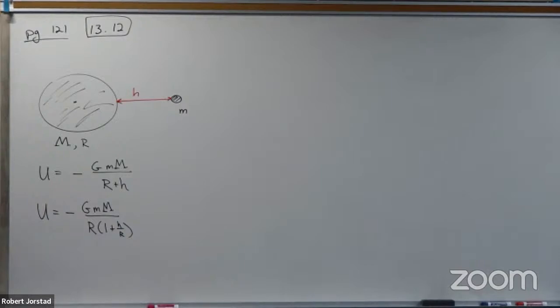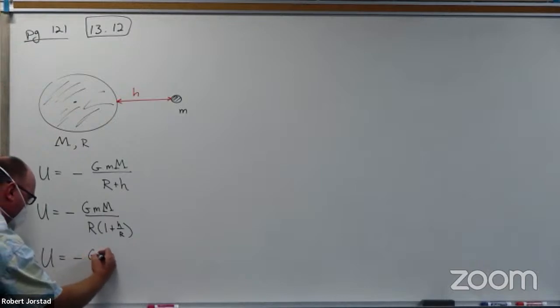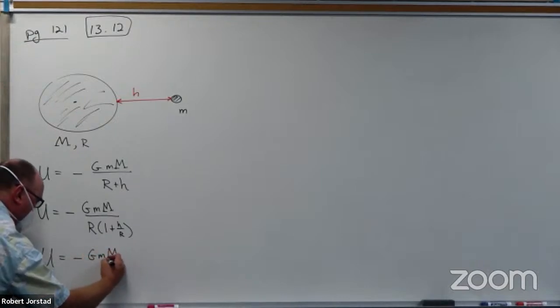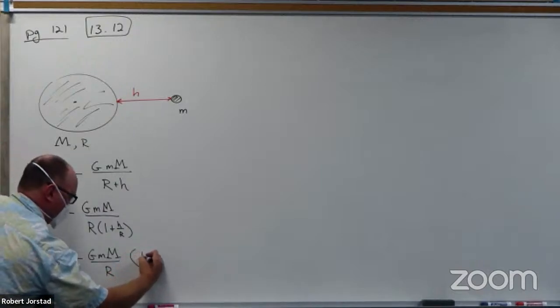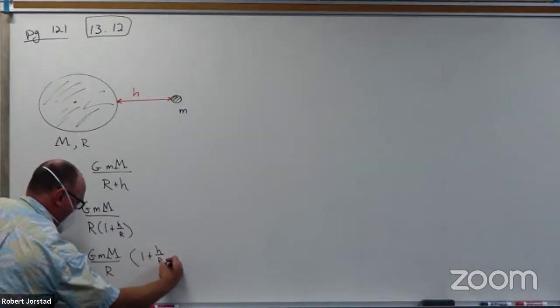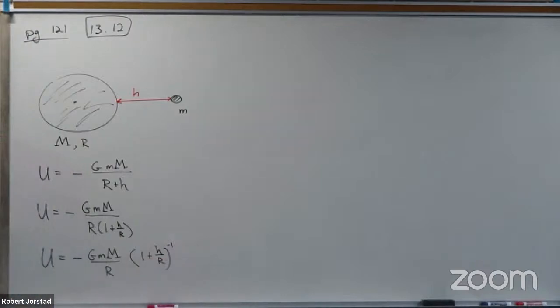Now, at the end of this, I think you'll be like, oh, okay, that was slightly interesting. Just trust me. Now what I'm going to do is I'm going to rewrite this again. Negative G M m over R times 1 plus h over R to the negative 1 for no seemingly good reason. I'm going to now write it this way.